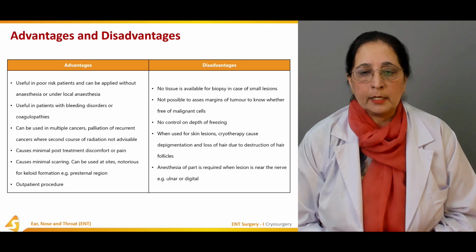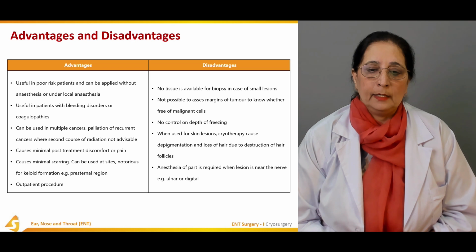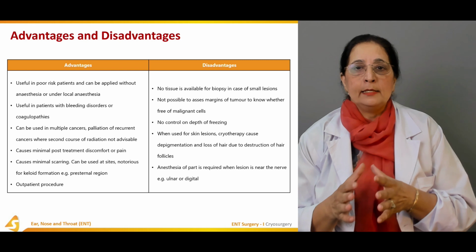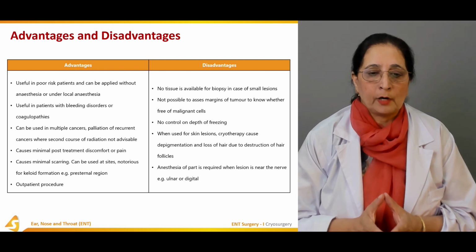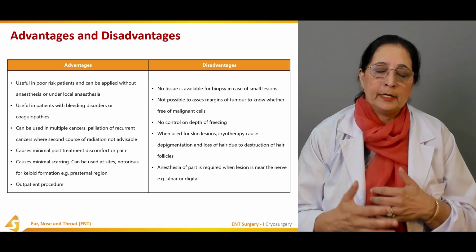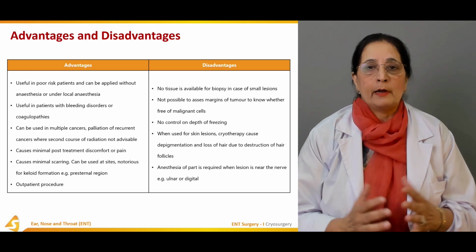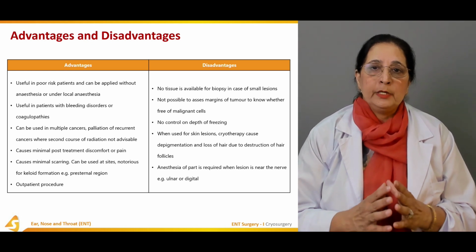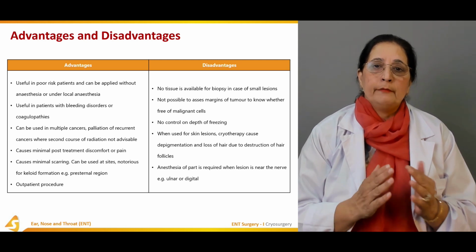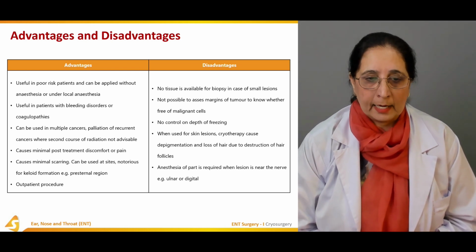Anesthesia of the part is required when the lesion is near a nerve, for example, ulnar or digital. So all these are the advantages and disadvantages of cryosurgery for the treatment of different lesions, which might be malignant, premalignant lesions, or vascular tumors. We have some advantages and also some disadvantages.